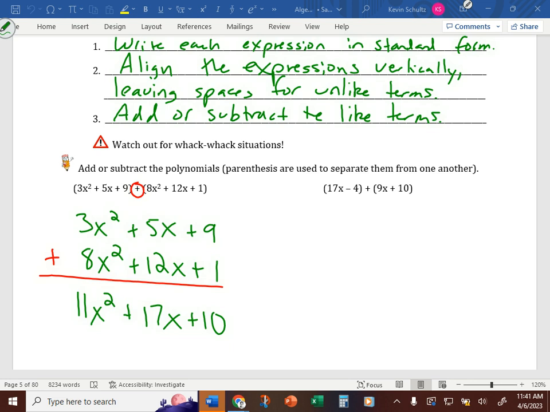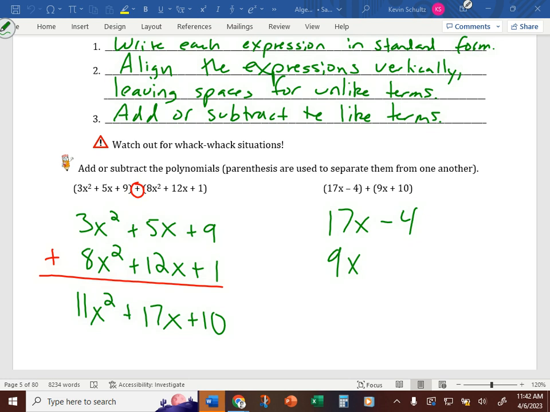The second one, 17x minus 4 and 9x plus 10. 17x minus 4 is our first expression. And below that, we're going to put 9x plus 10. This 9x matches up with that 17x, so it goes right below it.